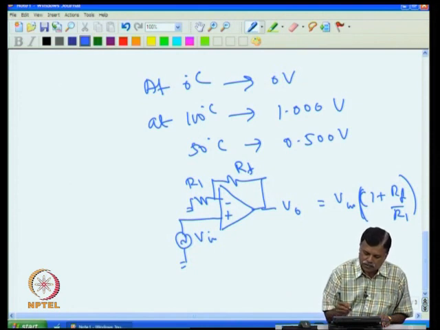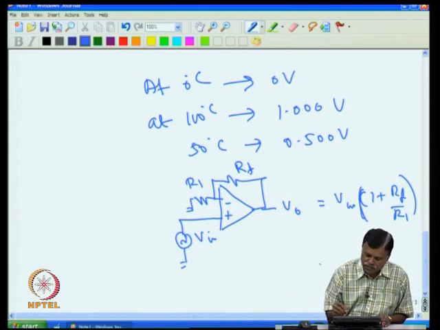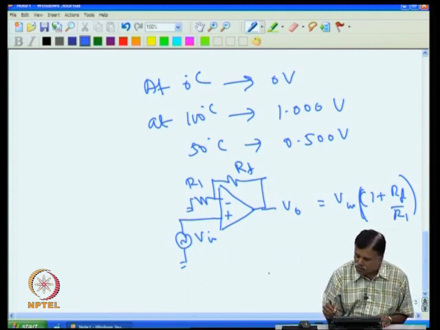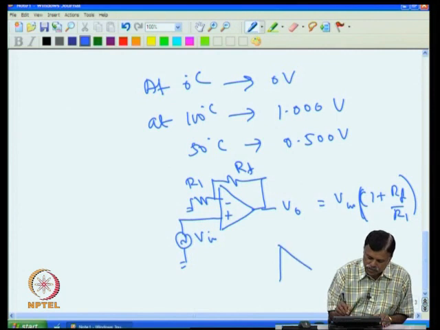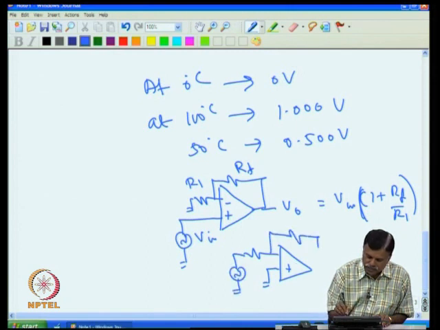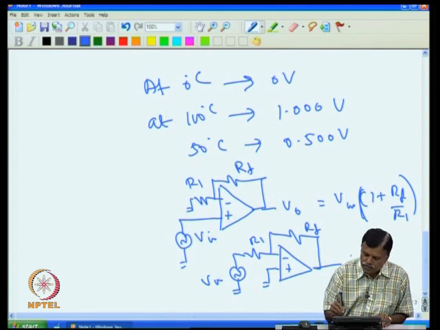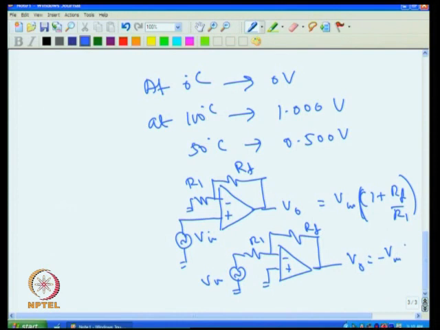Now, if you are using it as an inverting amplifier, the circuit looks like this. I give an input here, ground this, and then give the input at this point. Then connect the feedback resistance, then you have RF and R1 and Vin, and you will get V0 as minus Vin into RF by R1.